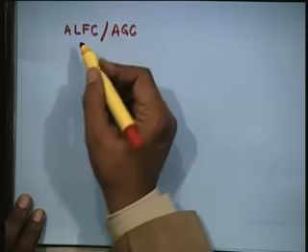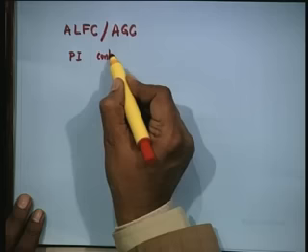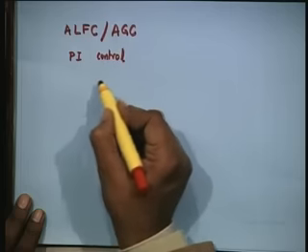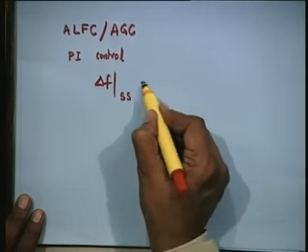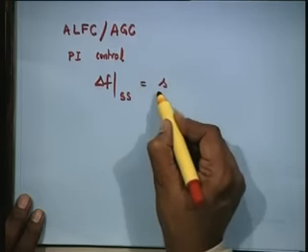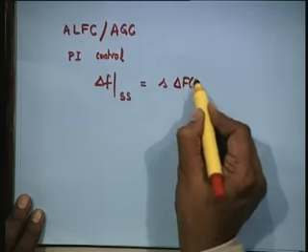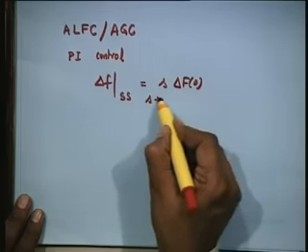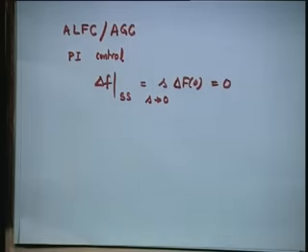If you use PI control, what is the advantage? Delta F steady state equals limit of S times delta F(s), as S tends to 0, is 0. I am sure you must be recalling your initial value theorem and final value theorem.